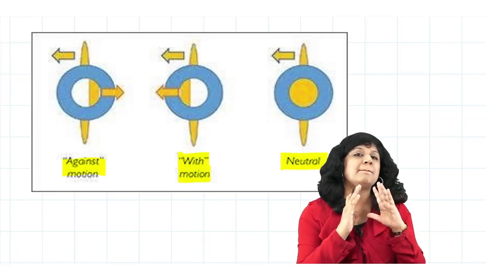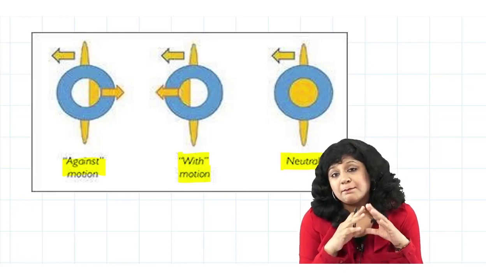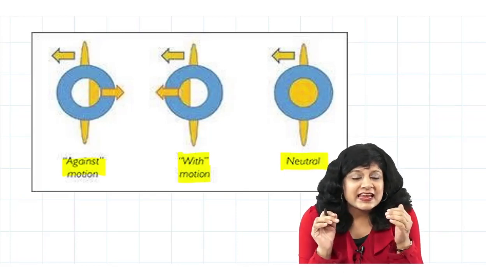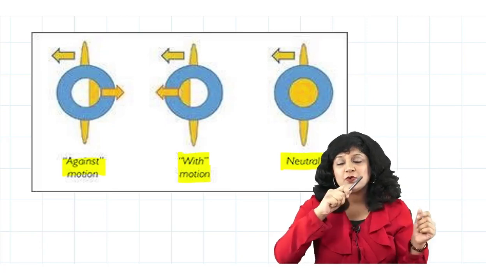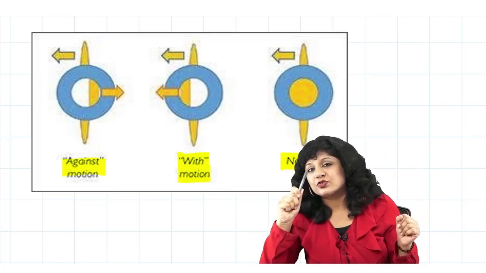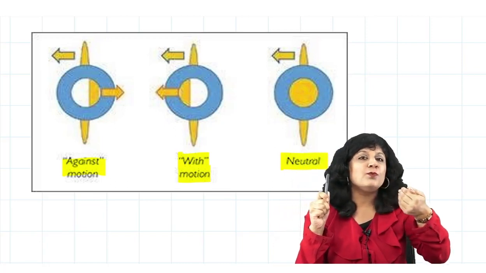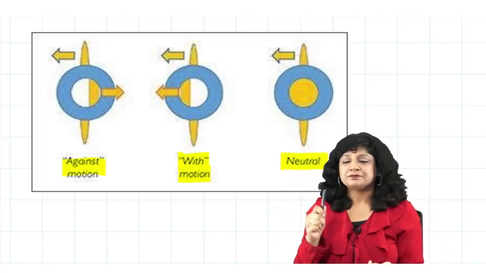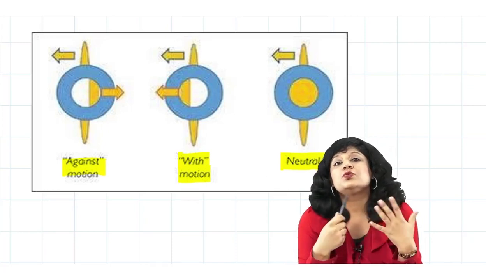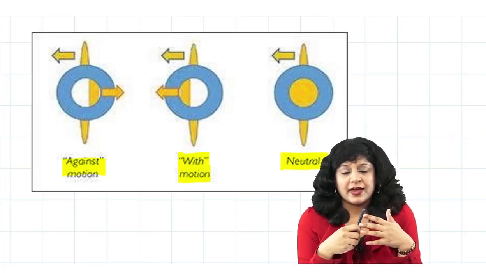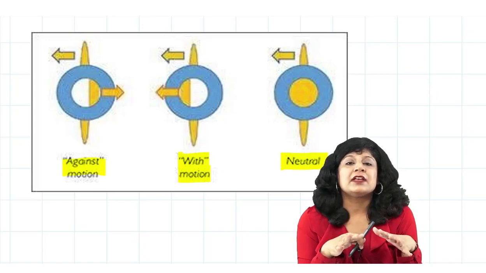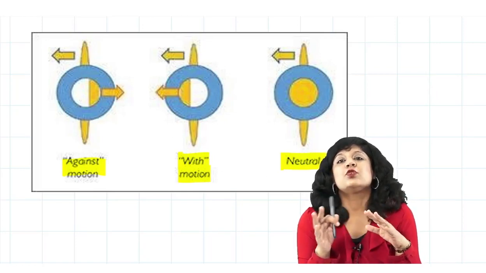Now what is the main meaning of this? See, against movement means when you are taking the retinoscope in one direction, the reflex seems to move in the opposite direction. So when we do the retinoscopy, here we are mainly talking about wet retinoscopy.